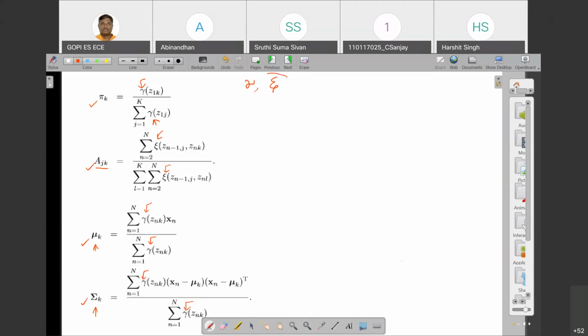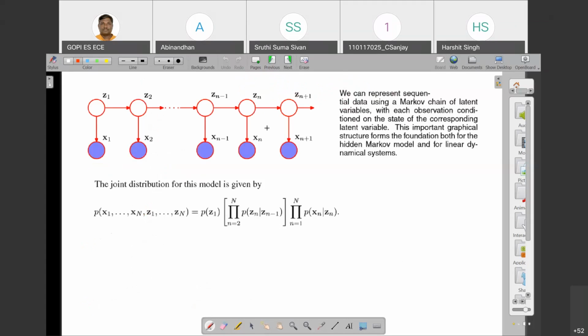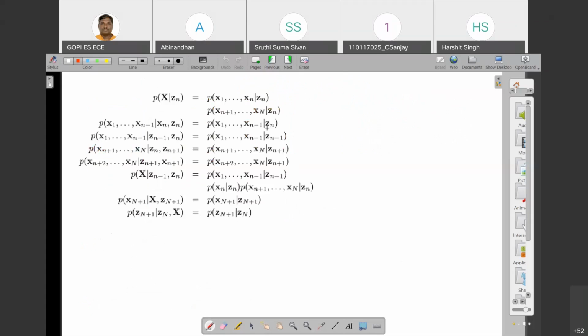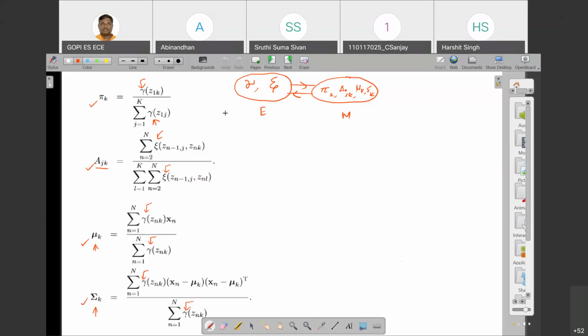So I repeat, this is the expectation stage, and this is pi k, A_jk, mu k, sigma k, the maximization. Expectation and maximization in the loop is what we call the expectation maximization algorithm. Now we will quickly see how to find gamma and zeta. Just a moment, I will take another slide.